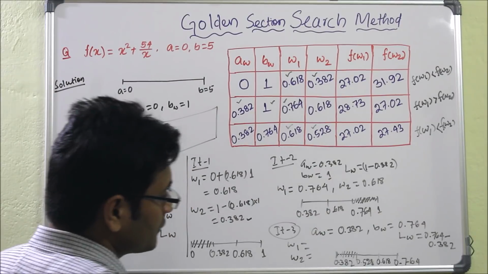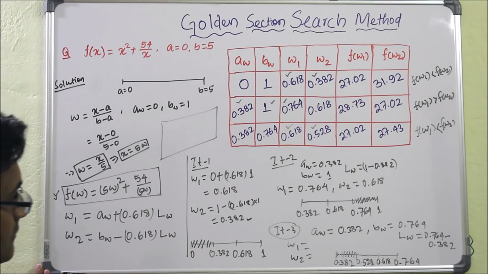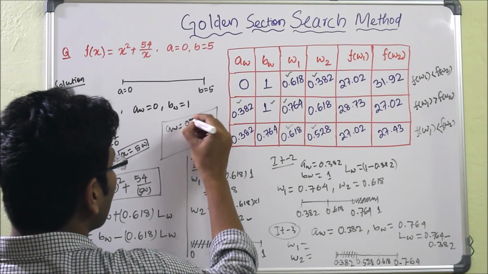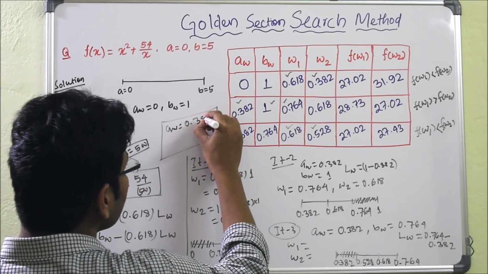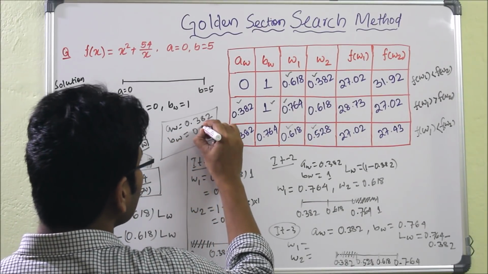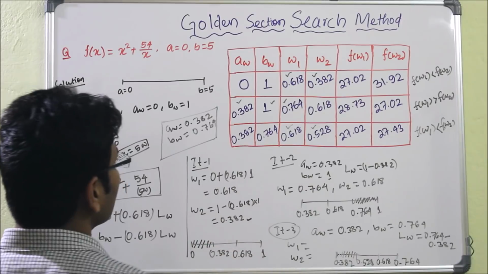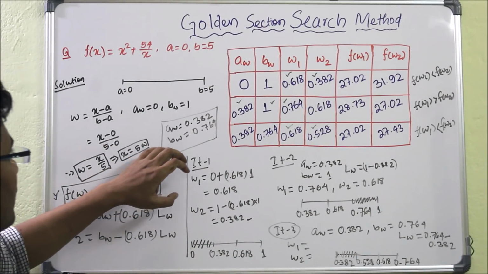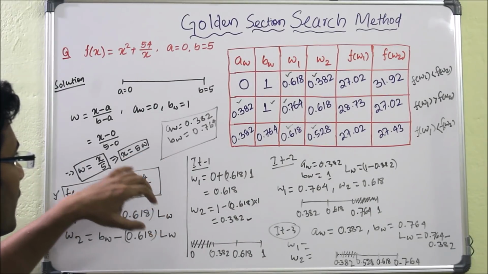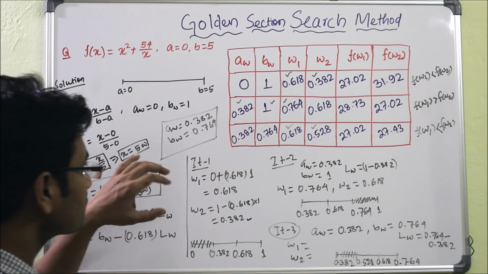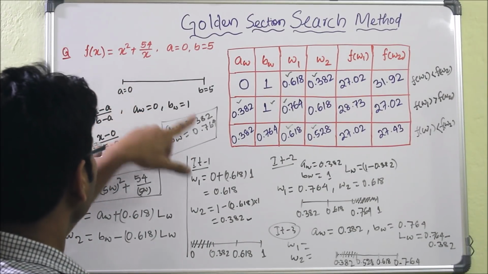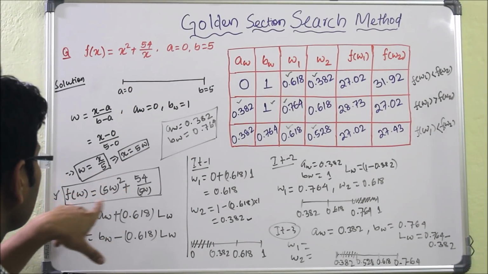So after 3 iterations, we saw aw equal to 0.382 and bw equal to 0.764. Now what is the actual bracket where the minimum lies? We have to find it through these functions.